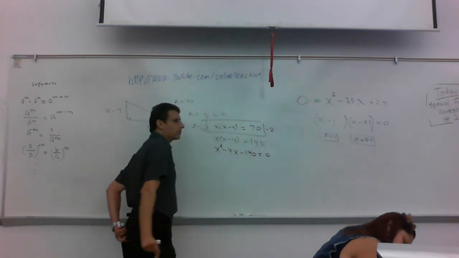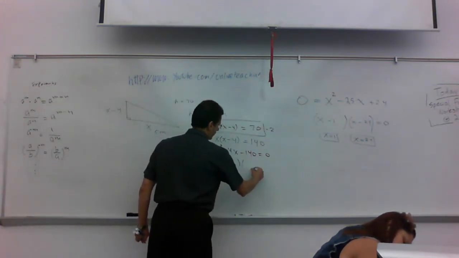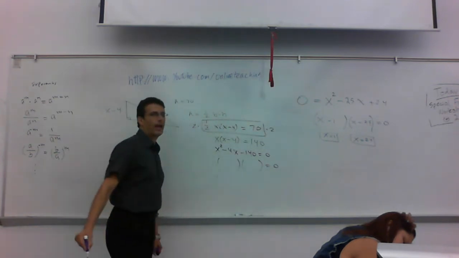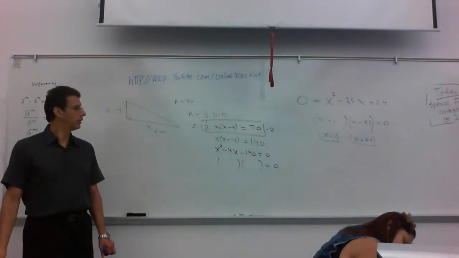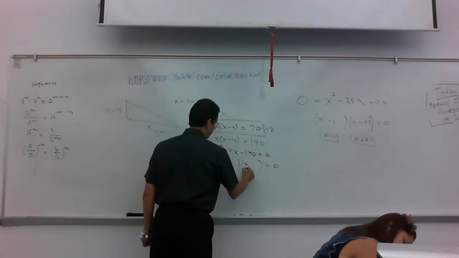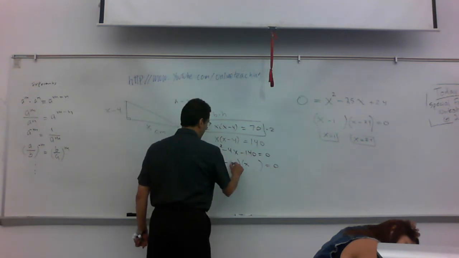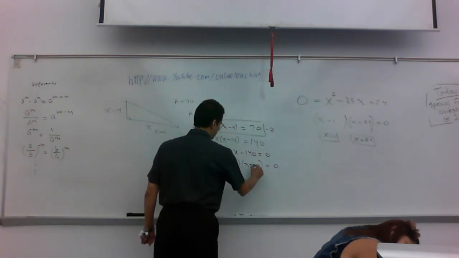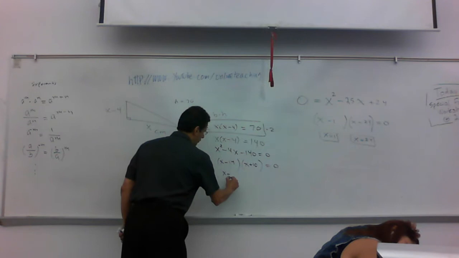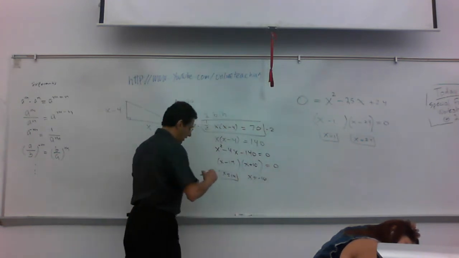Bring it to the same side for the sake of factoring. This is fairly easy. How do you factor this? You want two numbers. The product is negative 140 and the sum is negative 4. What are those easy numbers? 10 and negative 14. Negative 14 and positive 10. Yes. So x is either 14 or x equals negative 10.